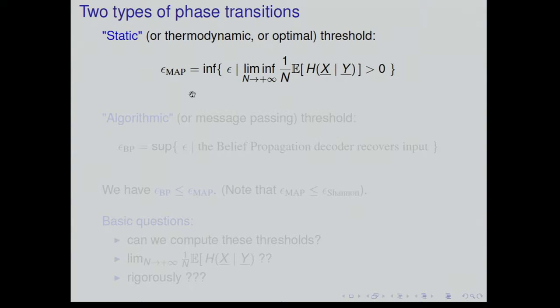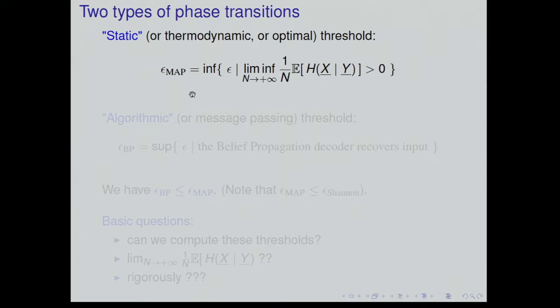So this average Shannon conditional entropy of the input given the output, when it is strictly positive, you cannot decode, but when this vanishes in the asymptotic limit, you expect that you can decode.